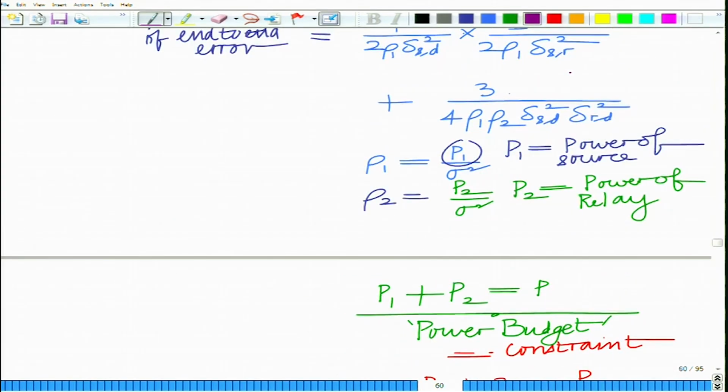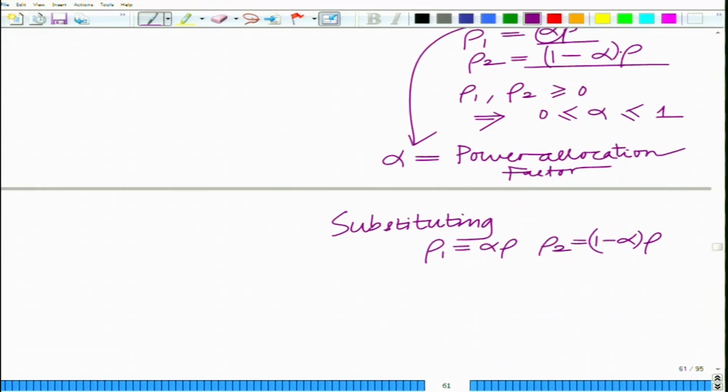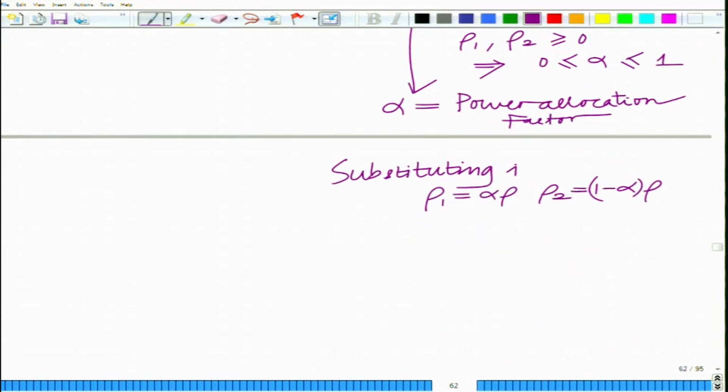If we call this expression star, that is the probability of end to end error. So, substituting in star, what we get is the probability of end to end error.